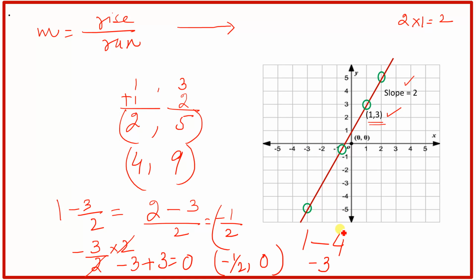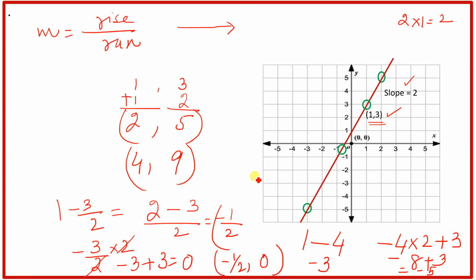Now what about the y-axis? Negative 4, how will you calculate the y-axis? Negative 4 multiplied by this slope, which is equal to 2, and then plus this 3, so negative 8 plus 3, which is equal to negative 5. So our point is negative 3 and negative 5, that is why it is in the fourth quadrant.